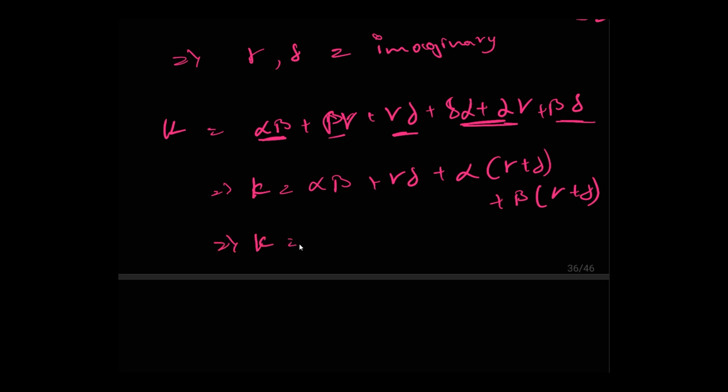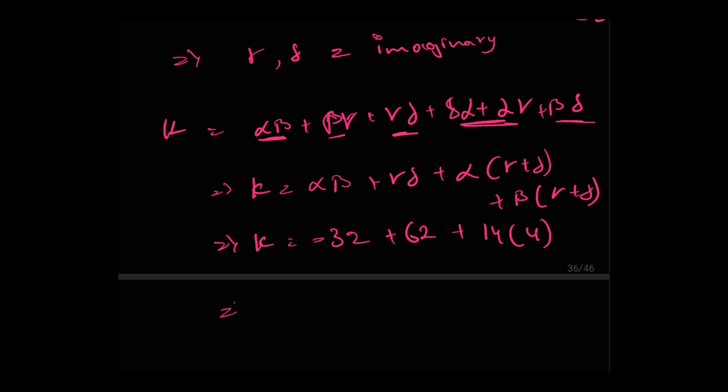That means k equals, what is alpha beta? Minus 32. What is gamma delta? 62, plus what is gamma plus delta? 14. 14 times 4, alpha plus beta.